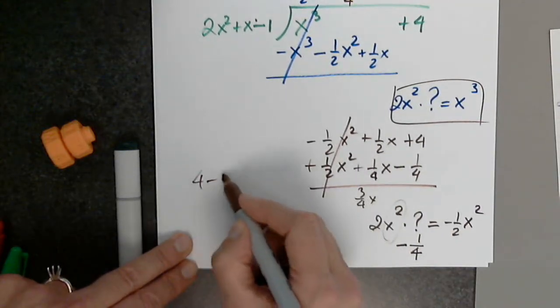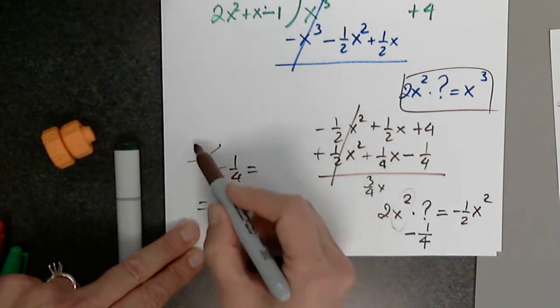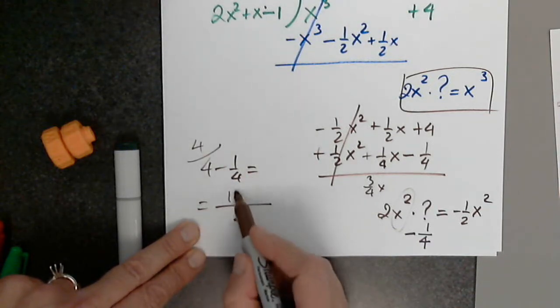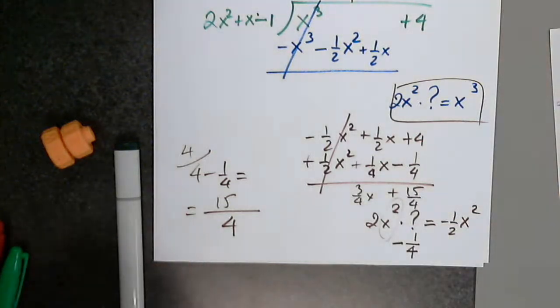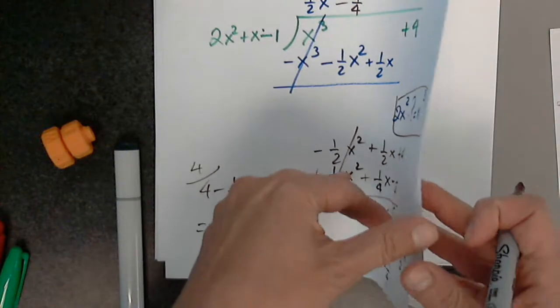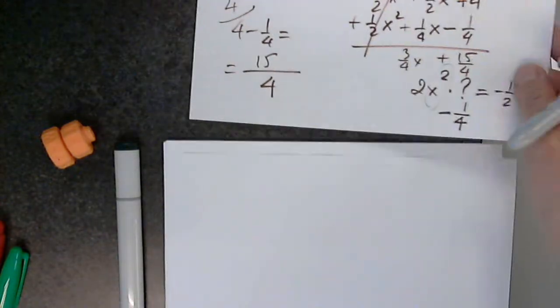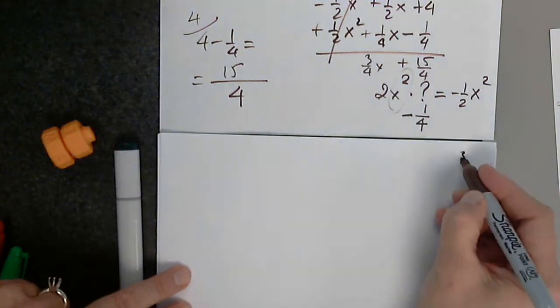From 4 minus 1/4, the least common denominator is 4. This gets multiplied by 4. 16 minus 1, 15. So it's positive 15/4. How will I write the answer? I don't need to write the whole thing because this is not what I'm interested in, but since we are practicing this, let's write the correct answer.